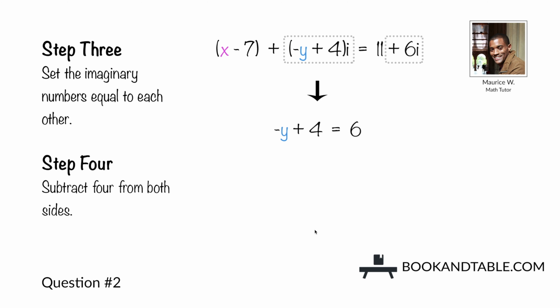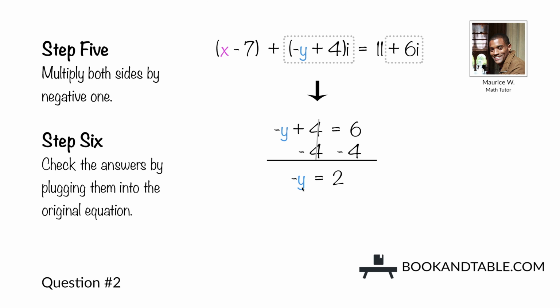And now for the imaginary values, you set the imaginary numbers equal to each other. So that would be negative y plus 4 is equal to 6. And now to isolate y, we'll subtract 4 from both sides, giving us 6 minus 4, which shows us that negative y is equal to positive 2.